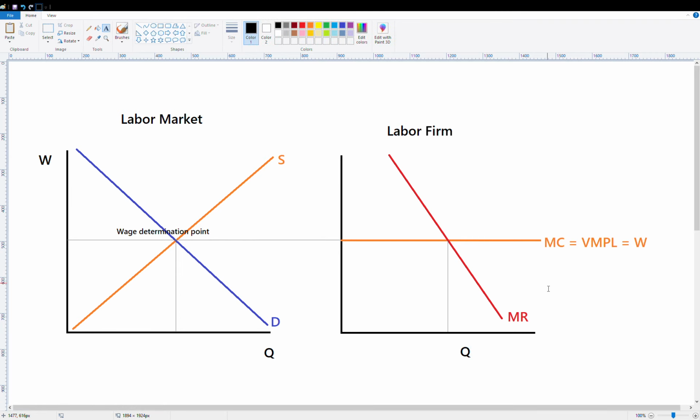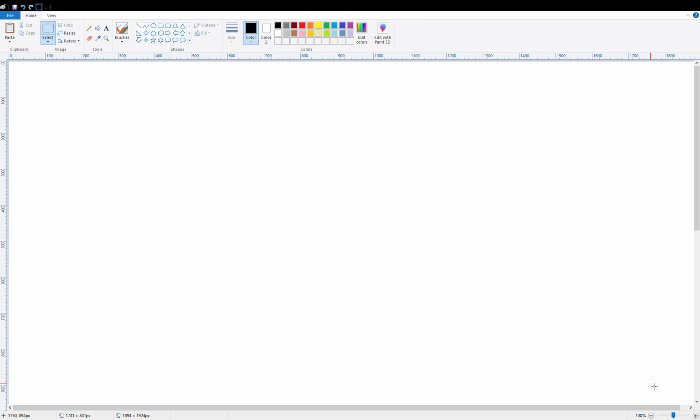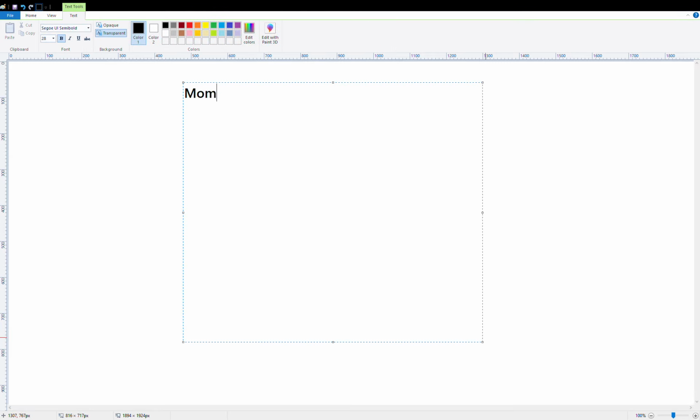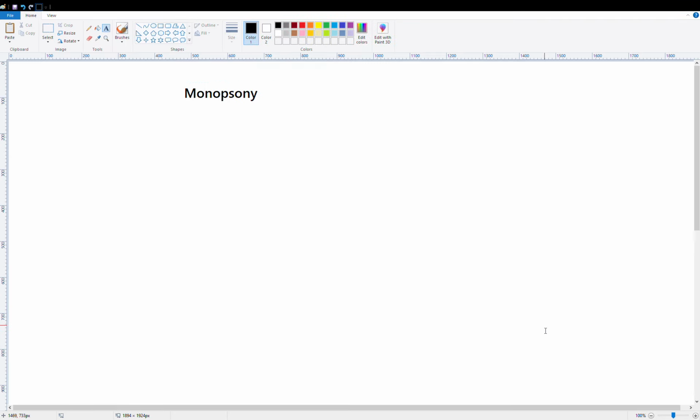So what if I tell you there's also a monopoly graph kind of thing with this? In a monopoly, there's one seller and a lot of buyers. Now, a labor market is a monopsony. The difference is that in a monopsony, there's one buyer and a lot of sellers, since the firms are the buyers and the households are the sellers. There are a lot of examples like this.